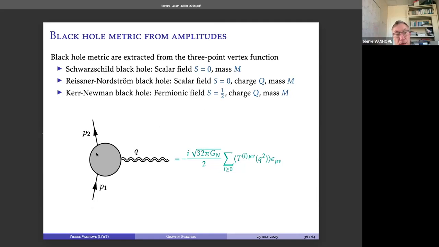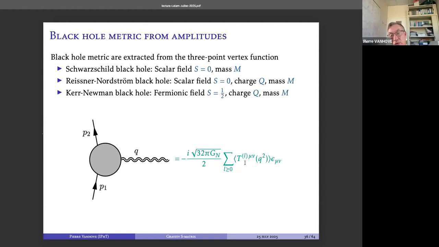So to compute the metric, you should not compute just an amplitude between 2 to 2, but you compute the emission of a graviton, because you want to reconstruct the h mu nu in the perturbation that I have presented to you. So here are the loop corrections: a massive object that emits one graviton.